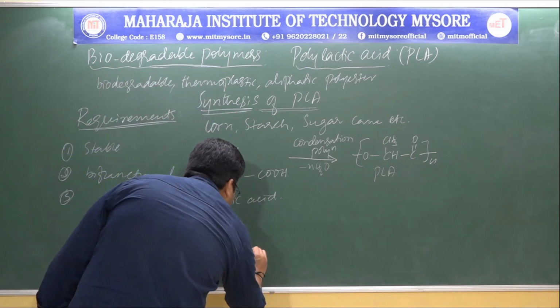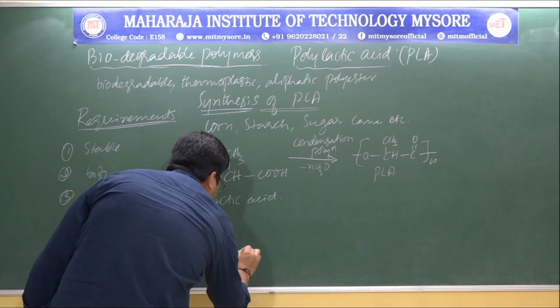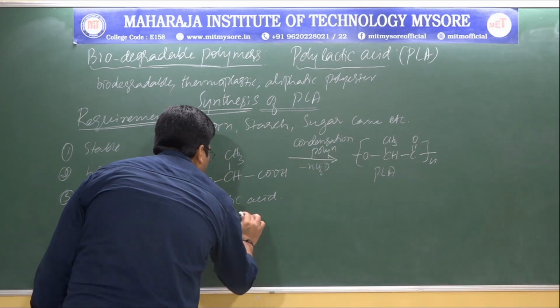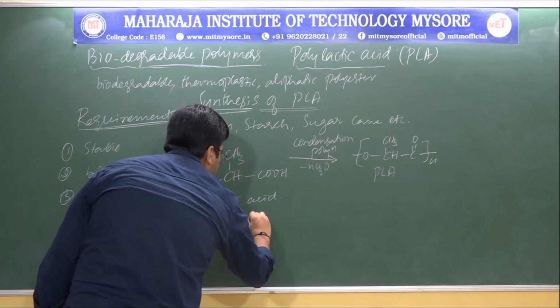So I will write it here: CH, CH3 and then C double bond O, right?